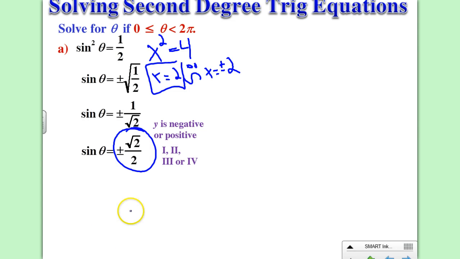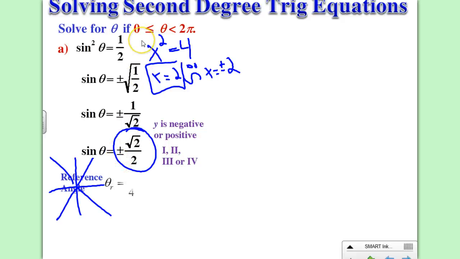I don't really care if you put it as a rational denominator, because that's not really what's going to happen. We just need to know that because sine could be positive or negative, there are 4 possibilities for where this angle could be. And when I find out the reference angle, which is in degrees 45, but I don't want 45 degrees. I want the reference angle to be pi over 4 because I have 0 to 2 pi. So if I put pi over 4 in each of these, as long as you're good with fractions, this is a piece of cake, because this is pi over 4.